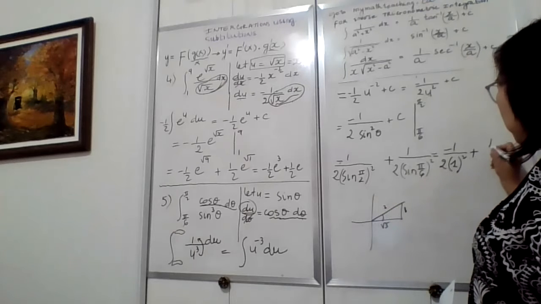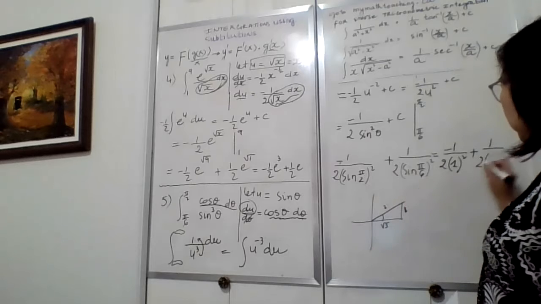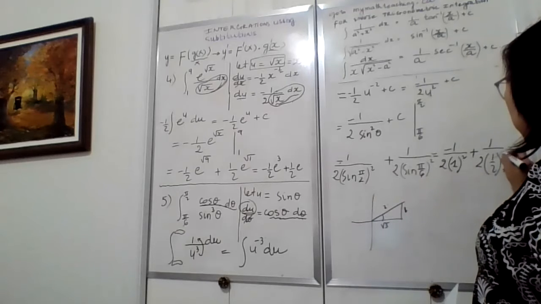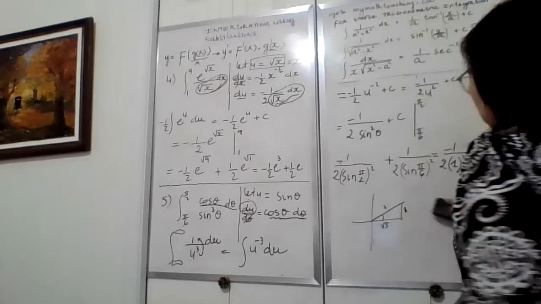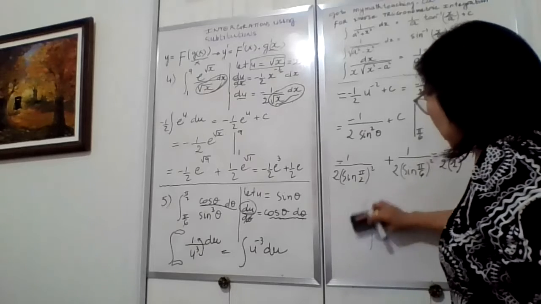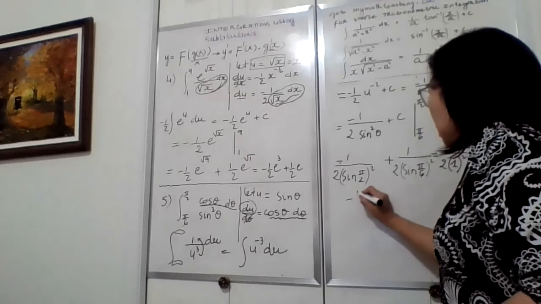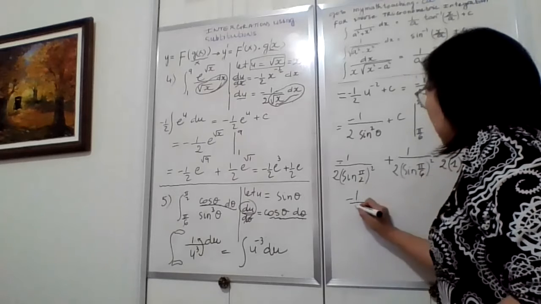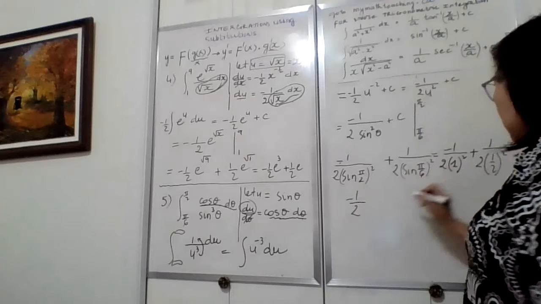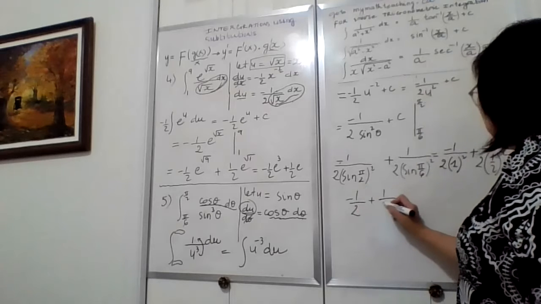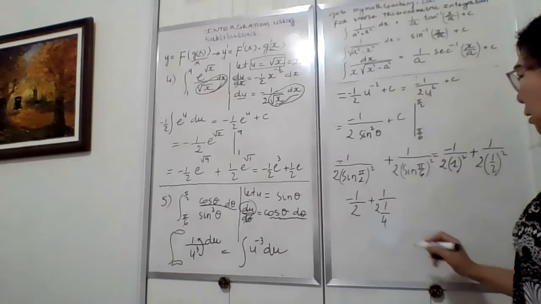So this value will be 1/2 squared. And this turns out to be minus 1/2, right? Because 1 squared is 1 times 2 is 2. This will be adding 1 over 2 times 1 over 4 when you square it.